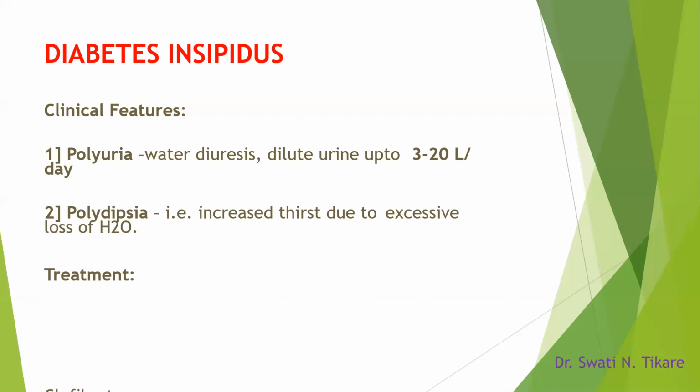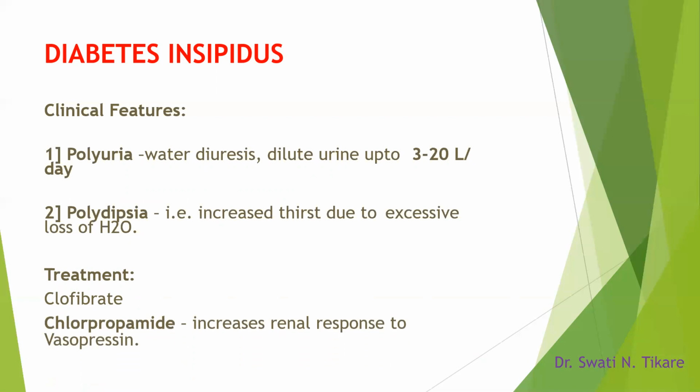Coming to the treatment, clofibrate is given, which increases ADH secretion. The second drug is chlorpropamide, which increases renal response to vasopressin. So this is about diabetes insipidus.